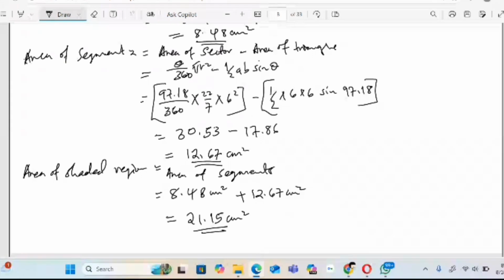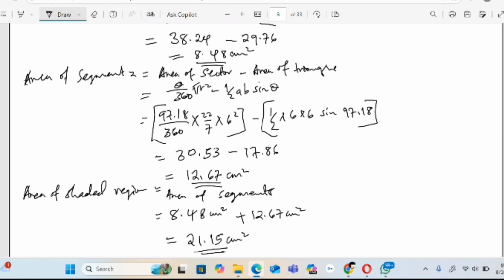Do we have any question on that? Any question on how to find the area of intersecting circles? Any question?